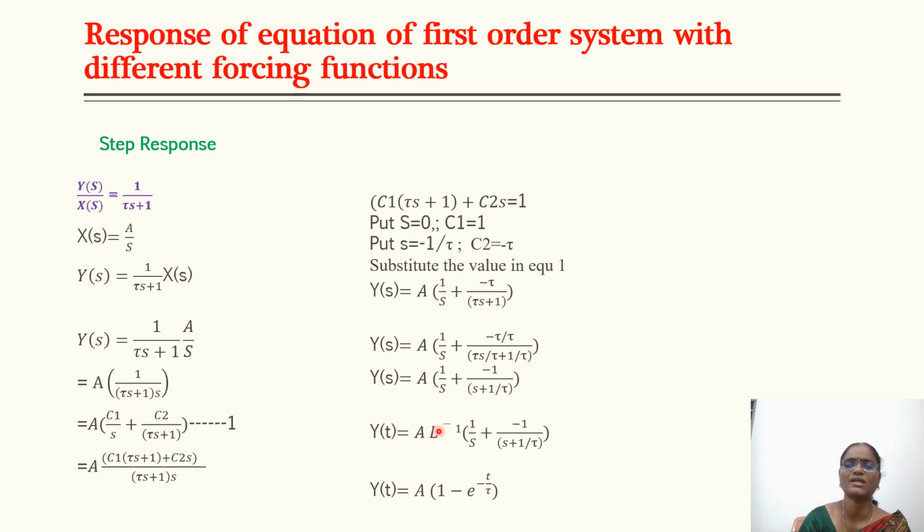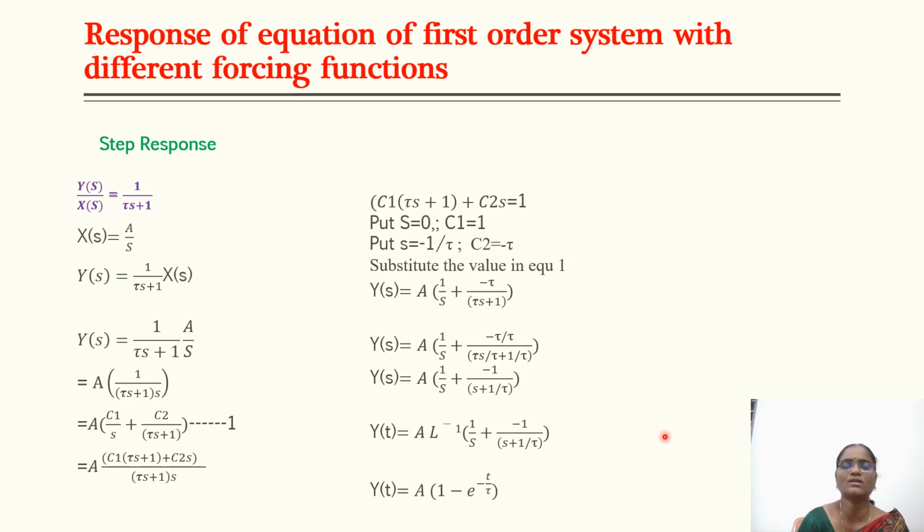Now take the Laplace inverse of this equation. The Laplace inverse of 1 by s is 1. The Laplace inverse of minus 1 by s plus 1 by tau is minus e power minus t by tau. So this is the response equation of the first order system with step input.